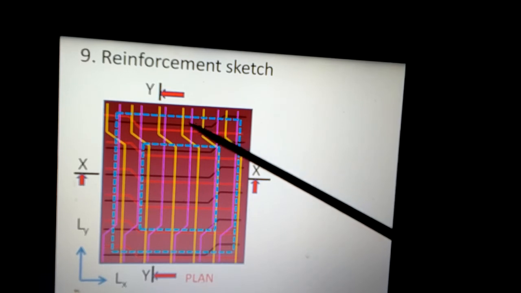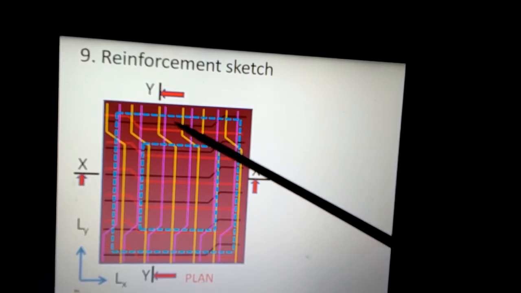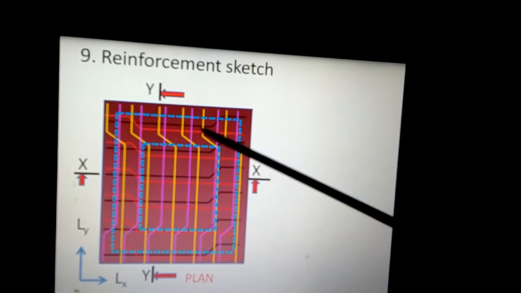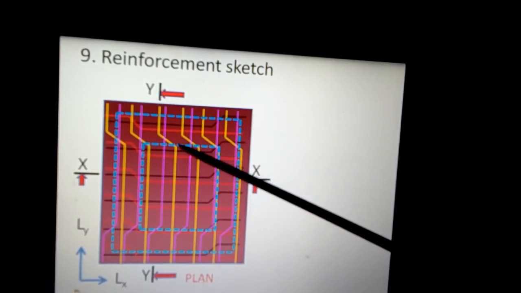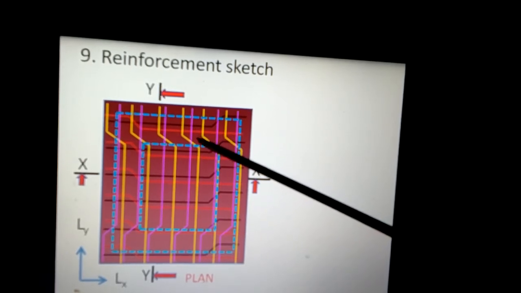You can see here the pink bar at the bottom of the support, and the yellow bar at the top of the supports. So the distribution of bars takes place in the edge strip, 50% as bent up and 50% going continuously to the bottom area of the slab near the supports.